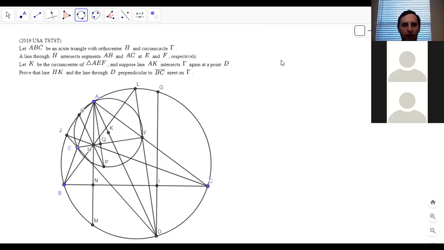Debye is joining. AK over KD equals what? AK over KD is HK over KG. Oh, Dubai, you've seen it before?